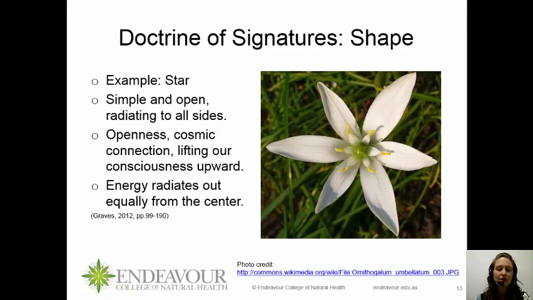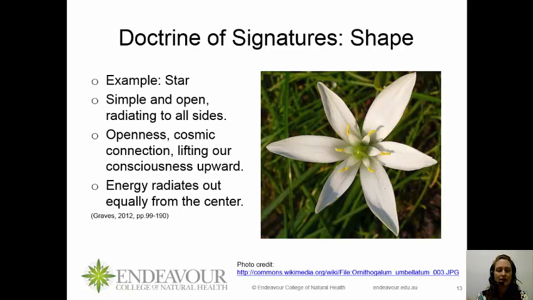And this is Star of Bethlehem, and it's a beautiful example of a shape that is kind of in an expanded state rather than a contracted state, and it's very simplistic and it's open and quite radiant, and everything about it is kind of out rather than kind of holding in. And so you get this sense of openness, you get this sense of uplifting, you get this sense of here I am. Energy that's moving from the center of that flower all the way out.